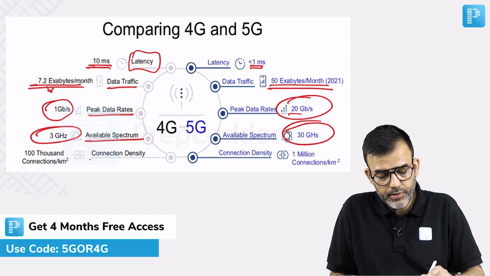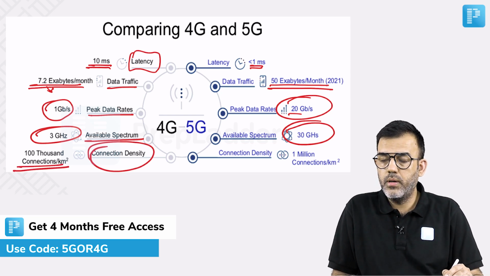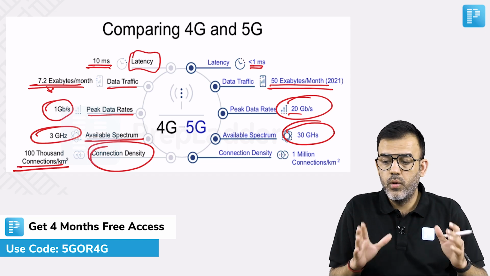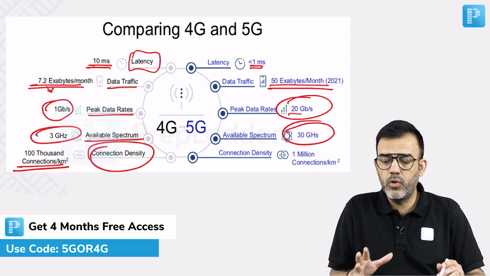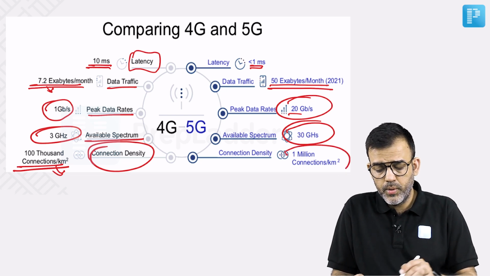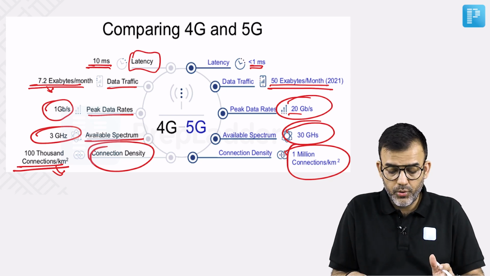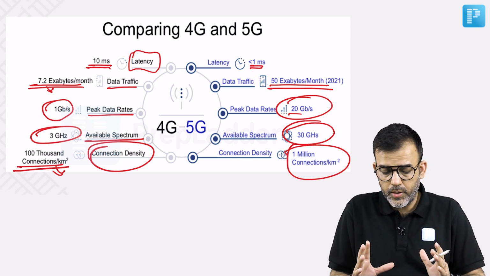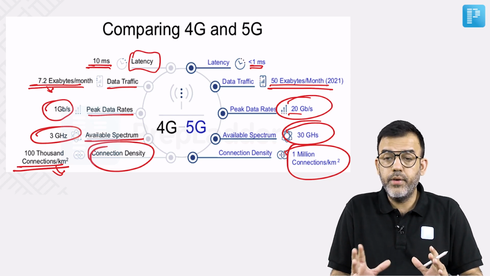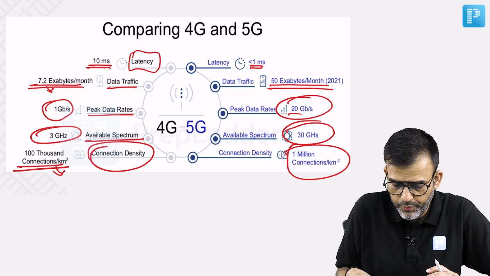And connection density, 100,000 connections per square kilometer, that is 1 lakh connections per square kilometer, is what is possible in 4G, and in 5G it will become 1 million connections, that is 10 times. So this is a very interesting comparison between 4G and 5G.